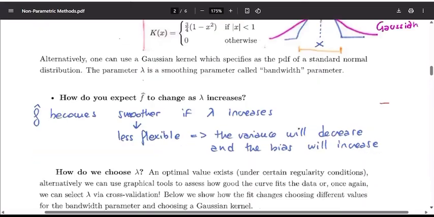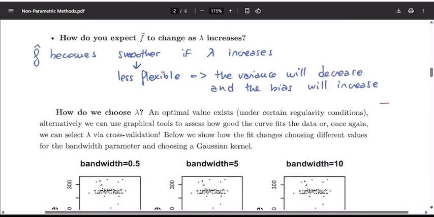Now, I want to talk about lambda, which is the bandwidth. Like I say, it determines how much of the neighboring data points influence the estimate of the response variable given the predictor. Now when lambda is small, it has an implication.